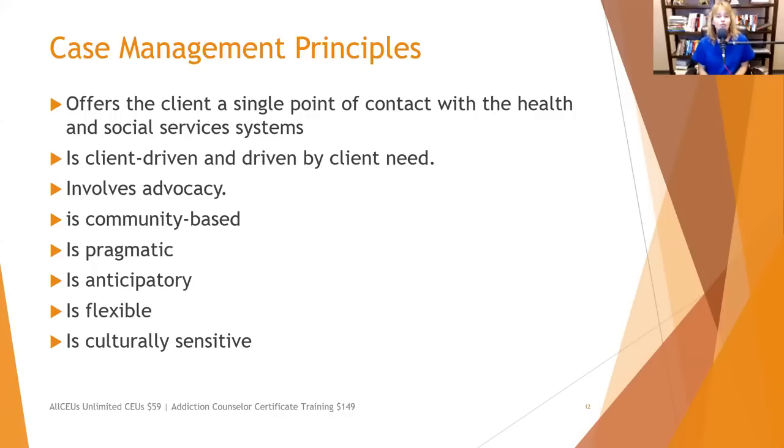Case management is driven by clients and their needs and involves advocacy. It's community-based. It's practical. It doesn't set lofty goals. It says, what do you need right now to have the highest quality of life? It can be childcare, it can be respite services, it can be transportation. Again, it's limitless. We want to look at, what does this person need to have a high quality of life?